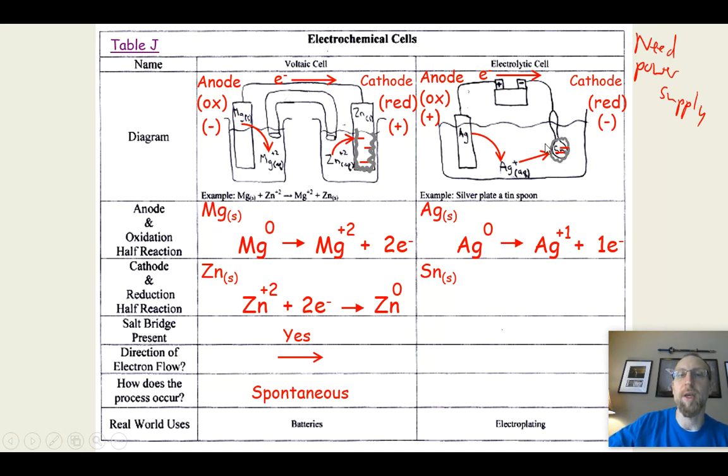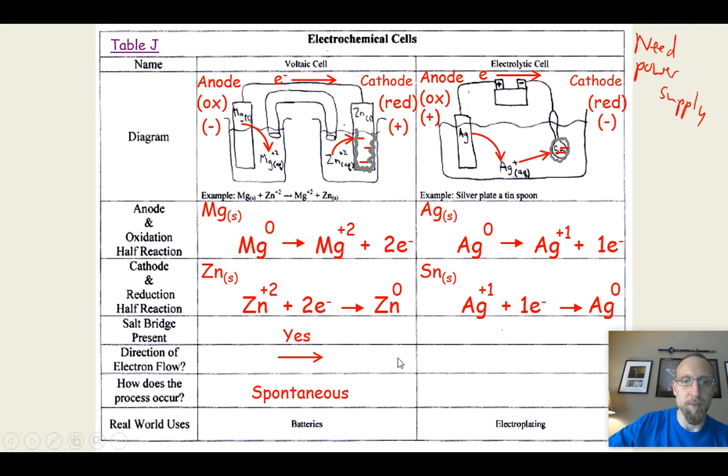We're coating it with silver. The ion gets reduced. So Ag plus 1 gains one electron to become Ag0. So even though the spoon is the cathode, that just means it's the site where reduction takes place. The object is the cathode, but the substance that's actually gaining electrons and getting reduced is the silver ion, right?